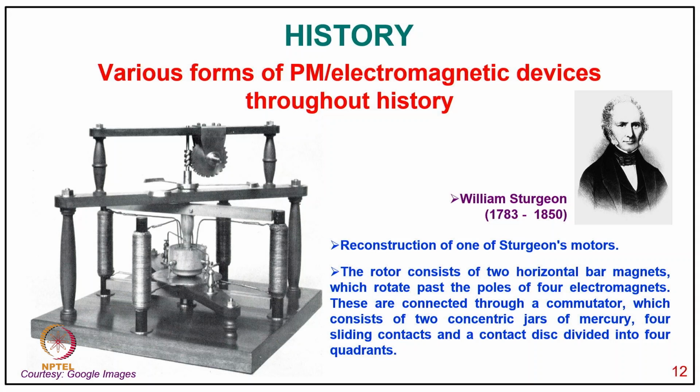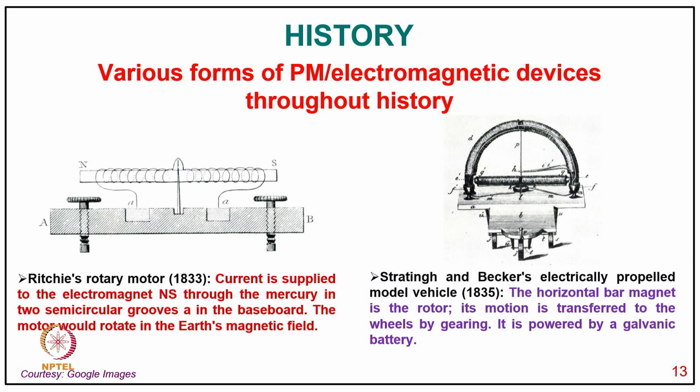Now, typically coming to various forms of permanent magnet and electromagnetic devices through history, William Sturgeon gave a reconstruction of the Sturgeon motor. The rotor consists of two horizontal bar magnets as shown in the photograph, which rotate past the poles of four electromagnets, and these are connected through a commutator which consists of two concentric jars of mercury, four sliding contacts, and the contact is divided into four quadrants.